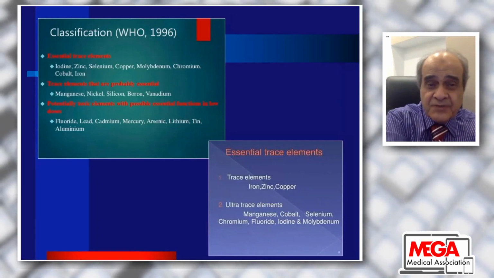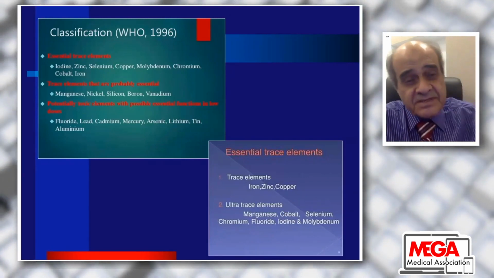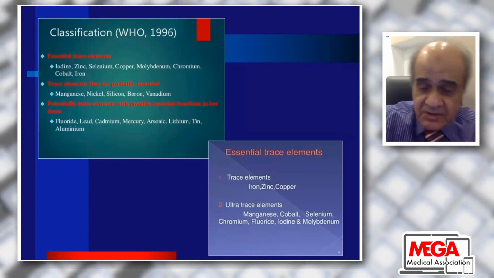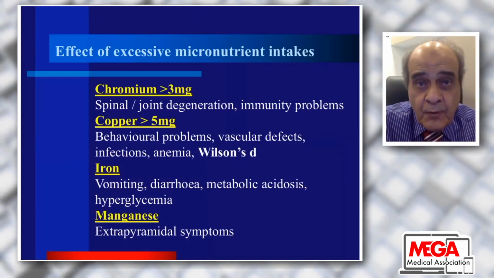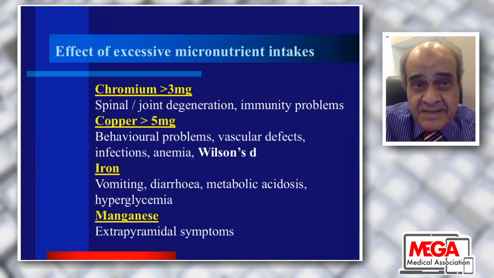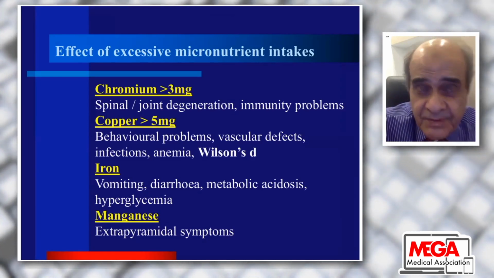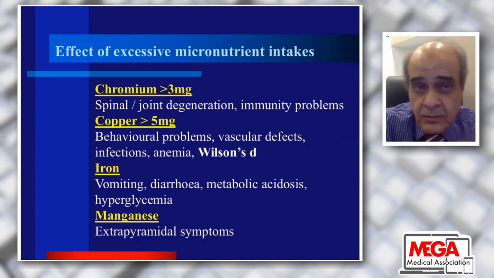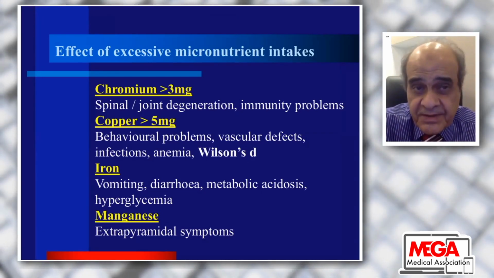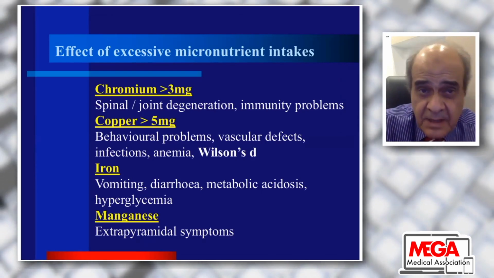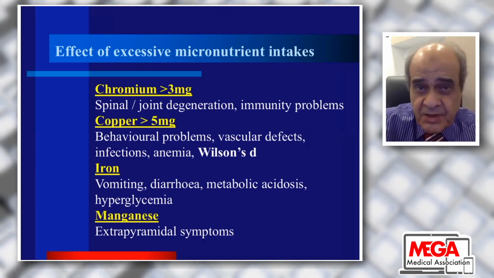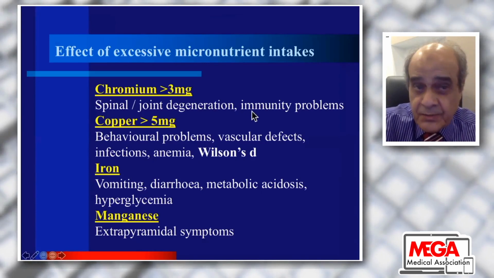The container itself may contain some of these potentially toxic trace elements. We can summarize the effects of excessive micronutrient intake: for example, if chromium increases to more than 3 milligrams, we will find spinal and joint degeneration and immunity problems.